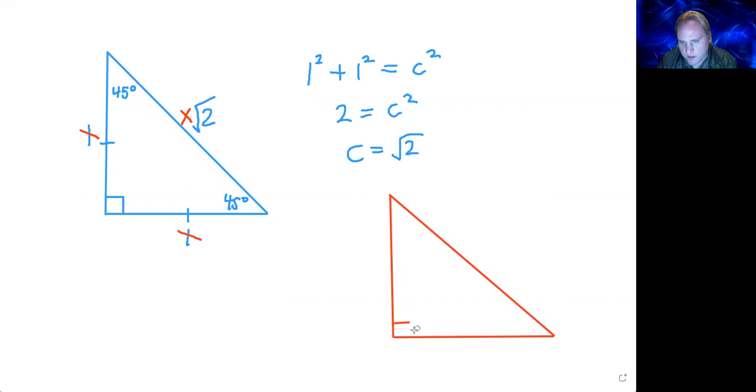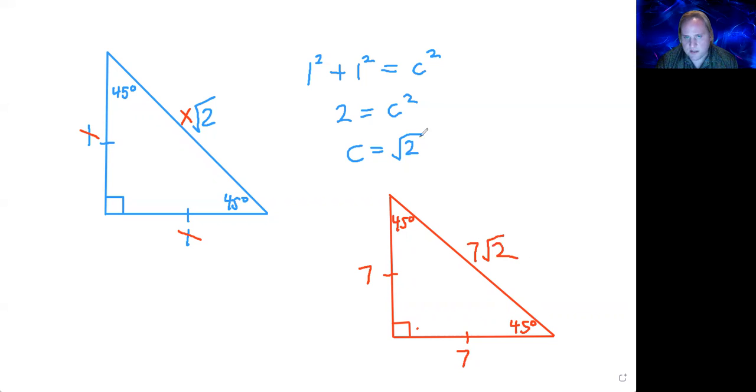A straightforward problem with this might give you the lengths of one of the legs. They may put the 45s in here, they may not. They might put the tick marks here to show that those are congruent. So if this was a 7, this would also need to be 7, and then the hypotenuse, 7 root 2.